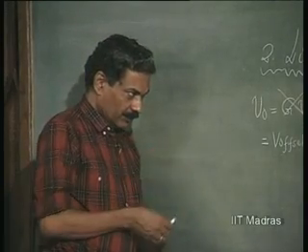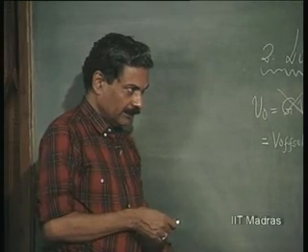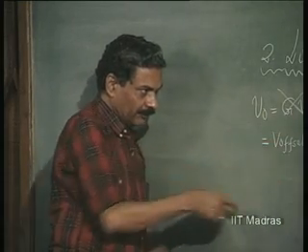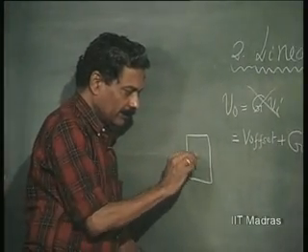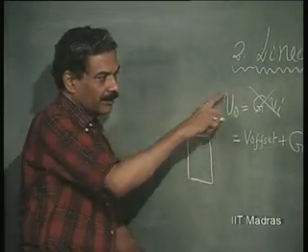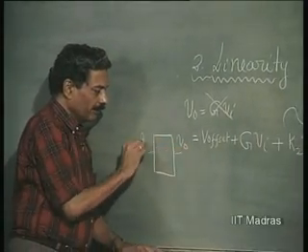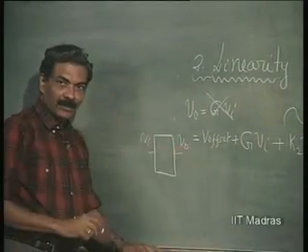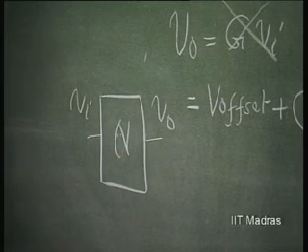Now, this is illustrated here by taking a feedback configuration. This is not linear, it is governed by this function of V naught and V I. This is non-linear.